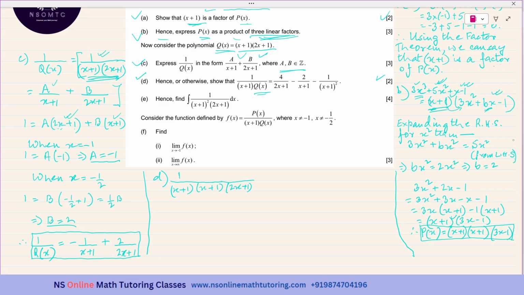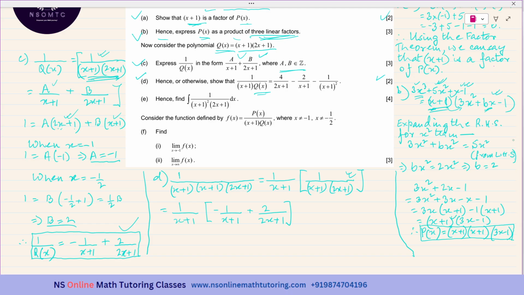So this can be written as 1 over x plus 1 times 1 over x plus 1 times 2x plus 1. And for this part, we know this is equal to the partial fractions, so this is 1 over x plus 1 times negative 1 over x plus 1 plus 2 over 2x plus 1.